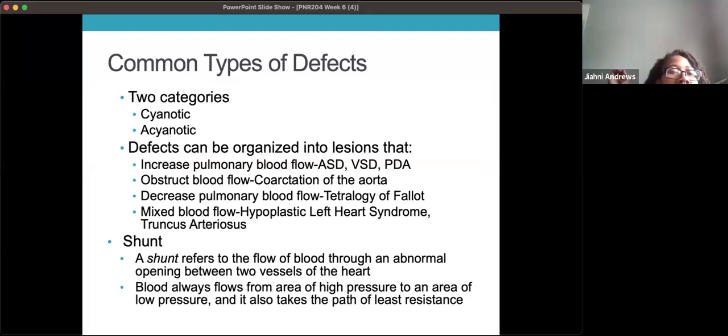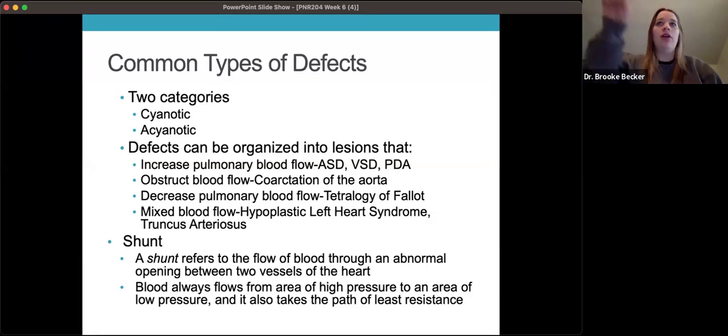It goes in the right atrium, down to the right ventricle, out to the lungs, comes back from the lungs into the left atrium, left ventricle, and then out to the body.